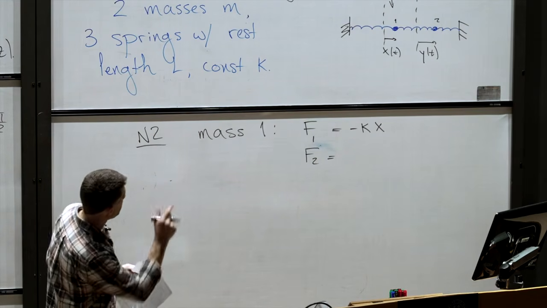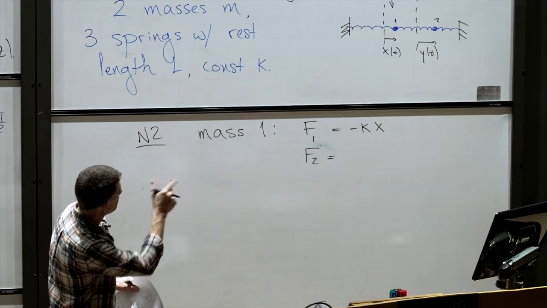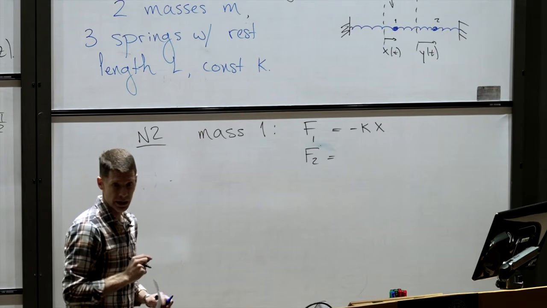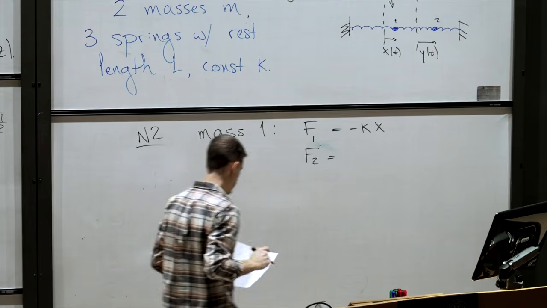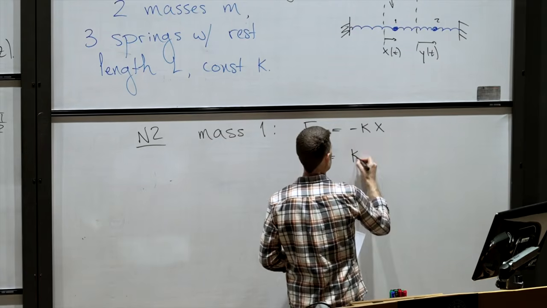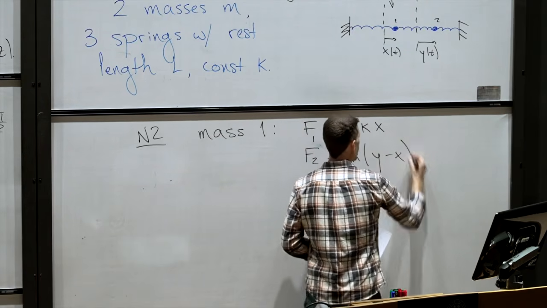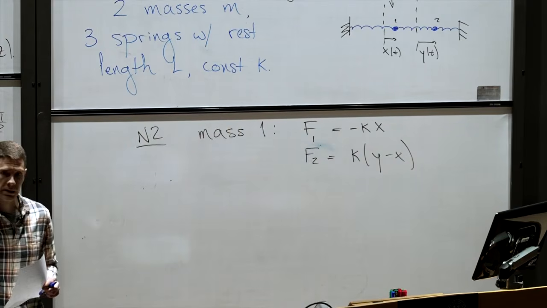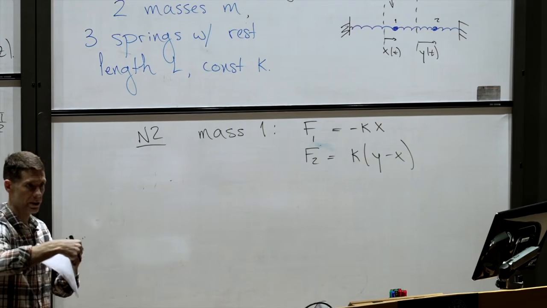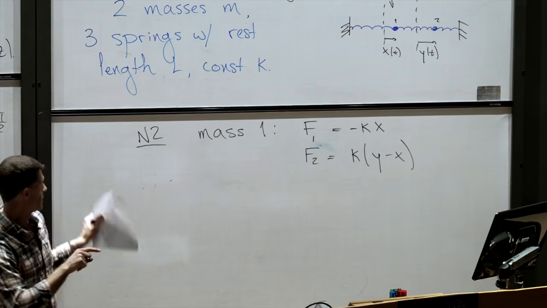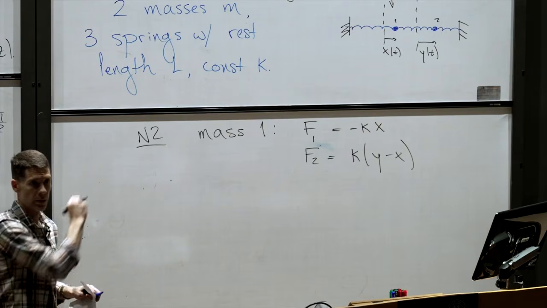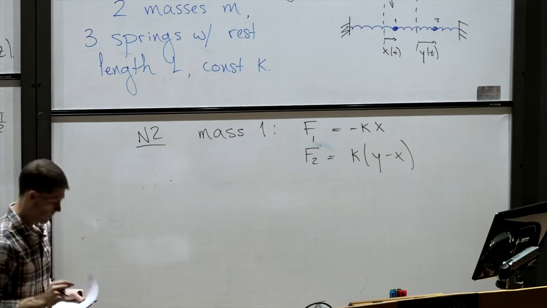That one's a little harder because it depends on the length of that second middle spring, which is y minus x. So there's a k times y minus x, and you have to think about the sign there. If y is bigger than x, then that middle spring has been stretched, which means the mass to the left of it is being pulled to the right. So that's a positive force.